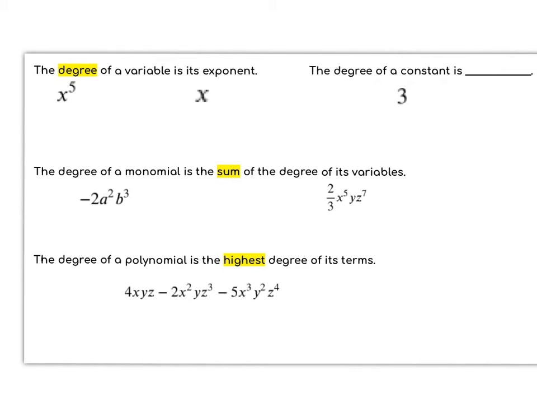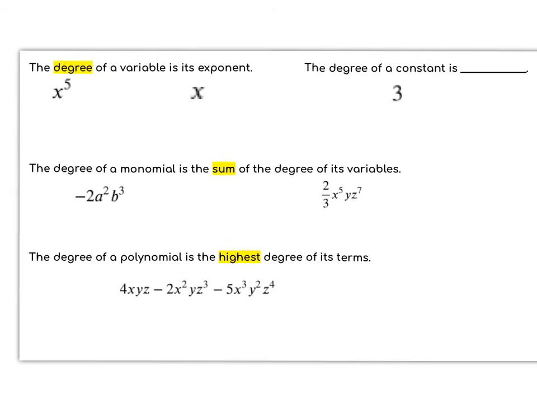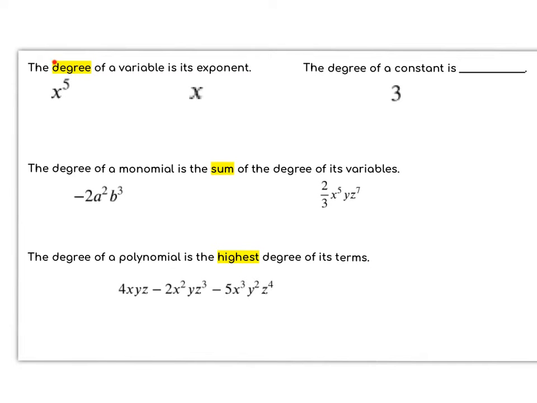All right, the next thing that has to do with vocabulary, and is also something we can look at and find of a variable or of a polynomial, is its degree, okay? So the degree of a variable is its exponent. That's important, okay? It has to do with the exponent.